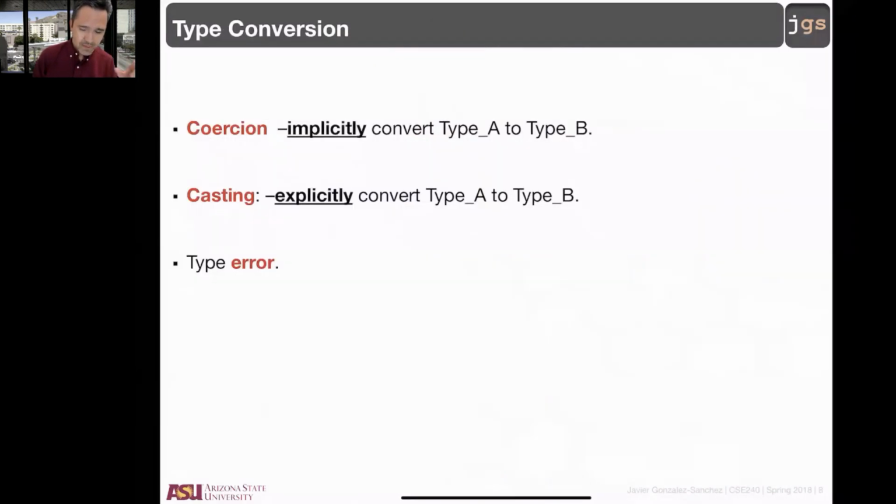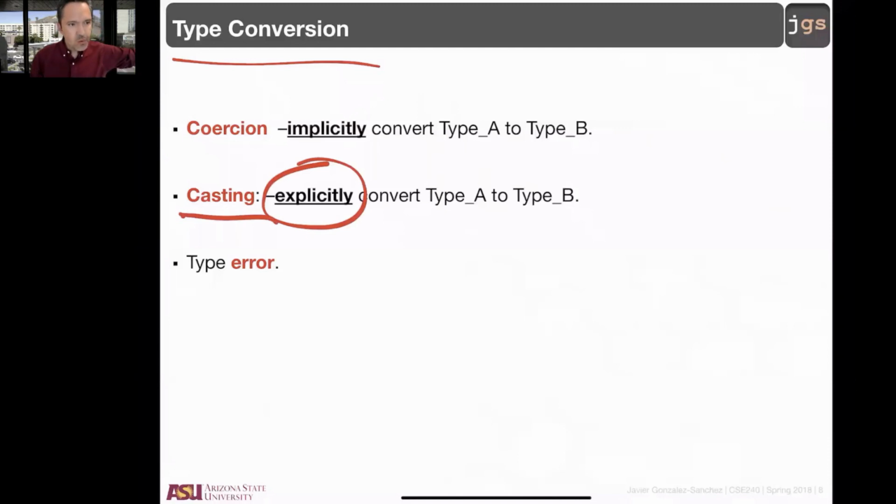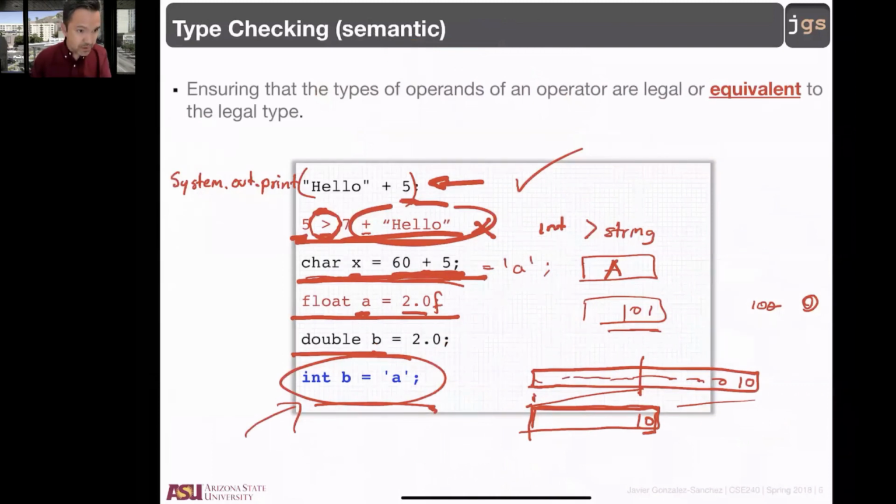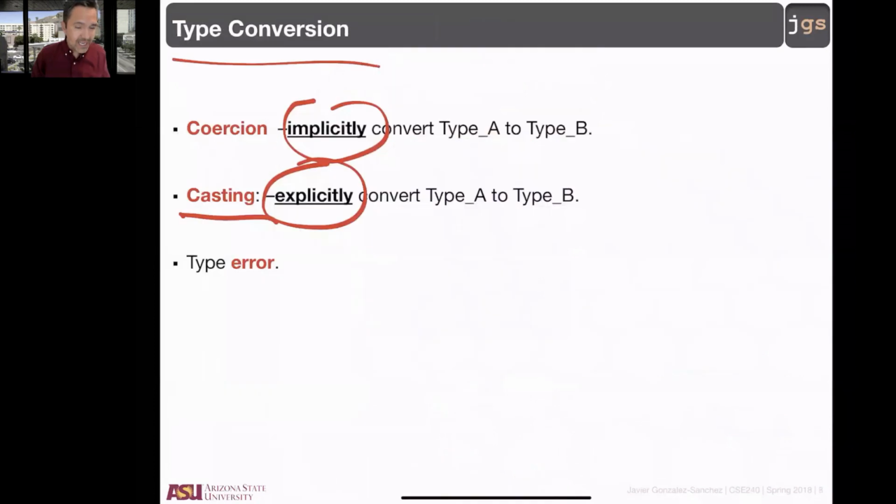The last one, type conversion. As you mentioned before, if you ask for the conversion, you are doing casting. Just remember that word, you already know it, casting. The action of asking for data type transformation is casting. When that transformation happens without you asking, like in this example or in those examples, things just happen without you indicating that you want to do the transformation.